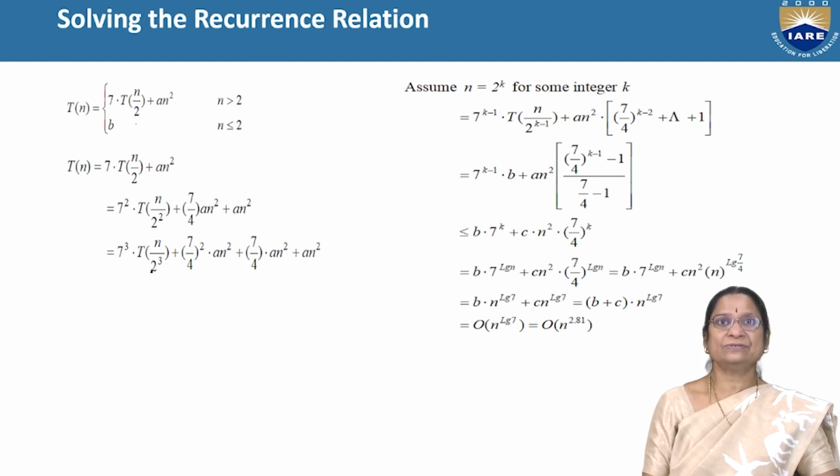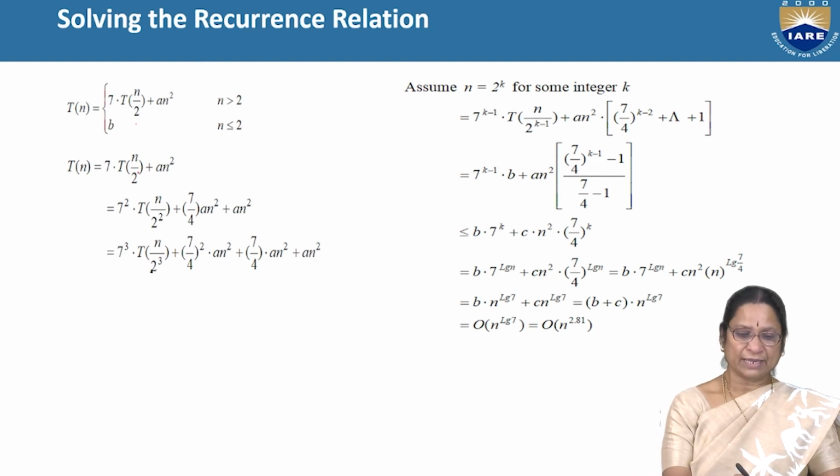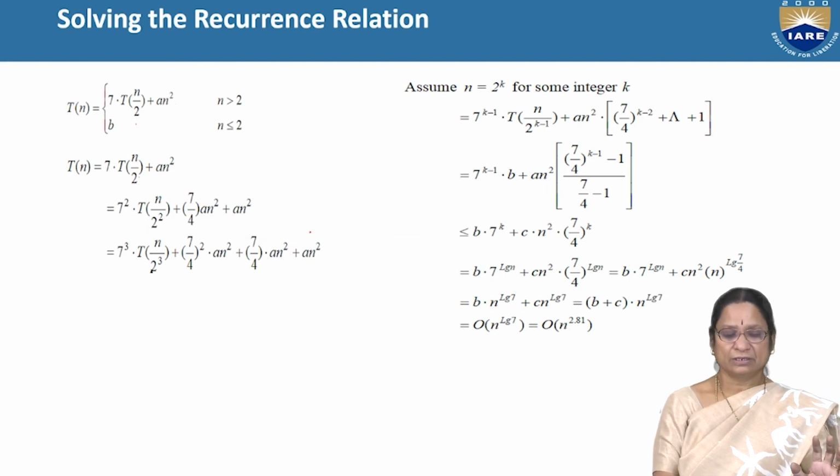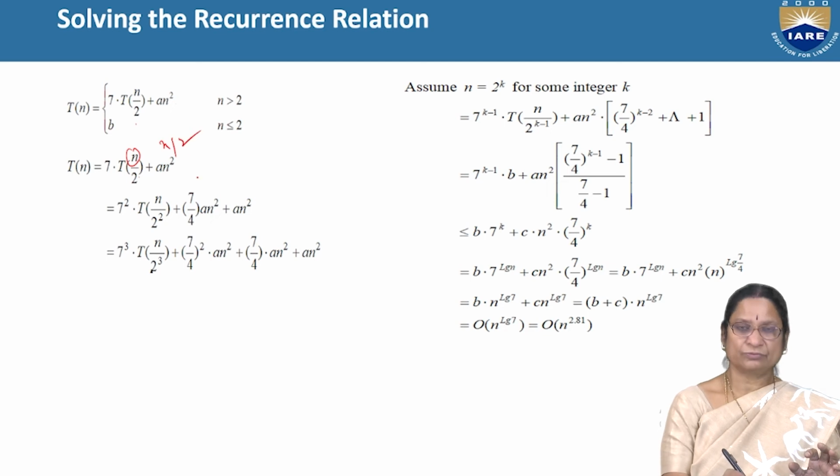If you are going to use the substitution method, we will substitute n by 2 in the place of n in T of n by 2, then we will get it as 7 square T of n by 2 square plus 7 by 4 a n square plus a n square. That means in case of n, we are substituting n by 2.